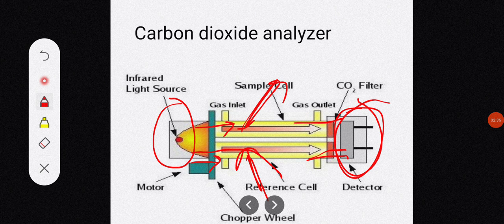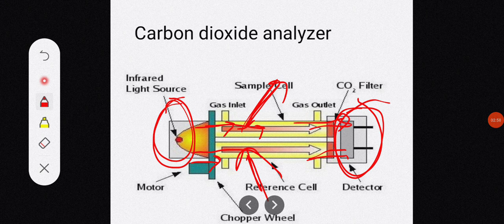Now the second tube consists of the sample gas which contains CO2. So it is present in this tube, which means the infrared signal passing through this tube and received by the detector will be attenuated at the detector side.